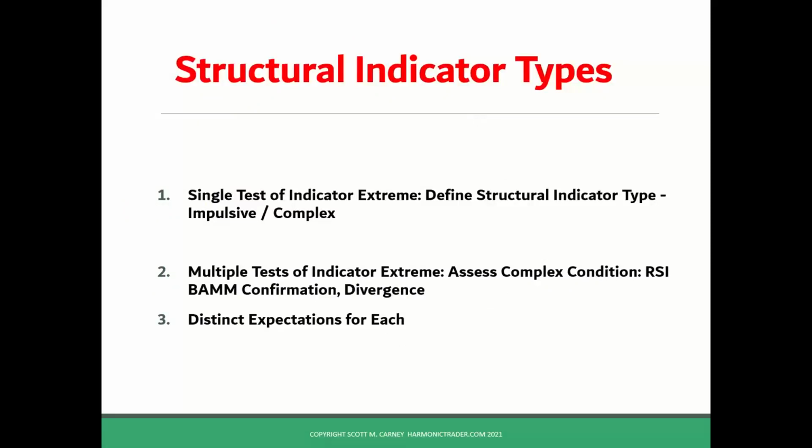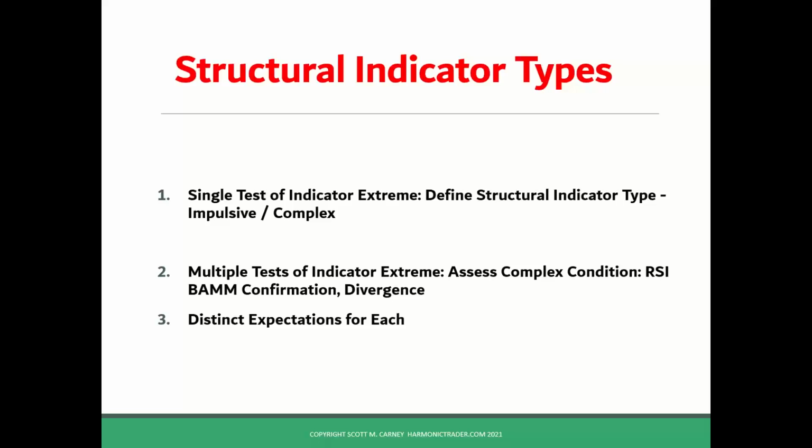And one of the basic questions is assessing the structural indicator type. Okay, we're looking at a single test. Are we looking at two tests? What's the formation there? What can we expect? Because depending on what type of formation, depending on if it's multiple tests, if it's divergence or confirmation, these aren't tough concepts, but we just have to look at a few of the possibilities that can unfold because they are distinct and they have distinct expectations for each.